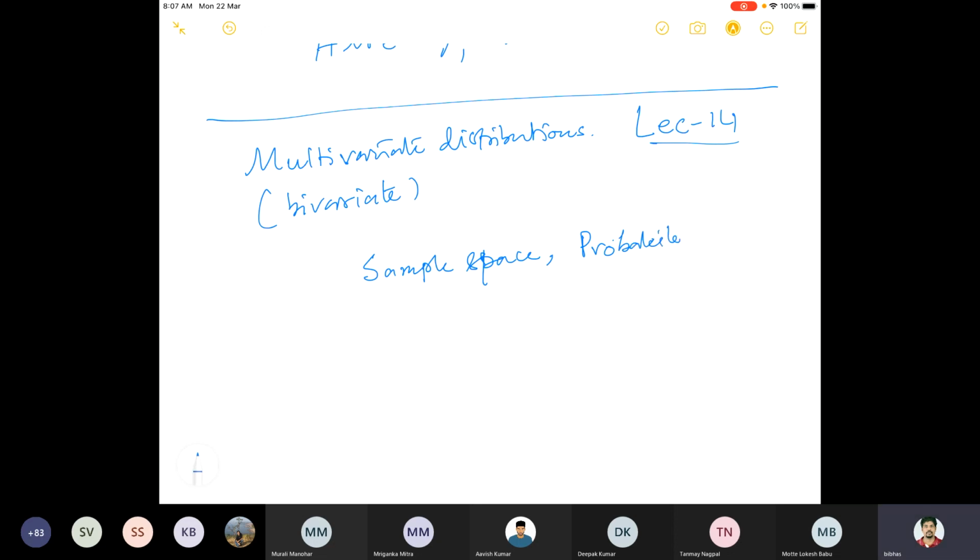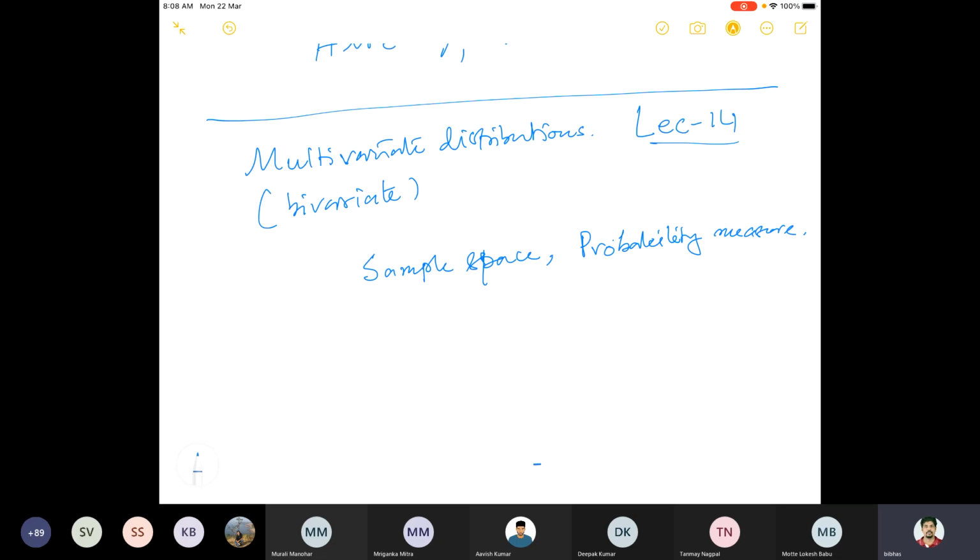So earlier we had the sample space and probability measure. And then we talked about the probability density function, cumulative probability distribution function, and so on. And then we talked about the probability of an event, where the event is defined by random variables.